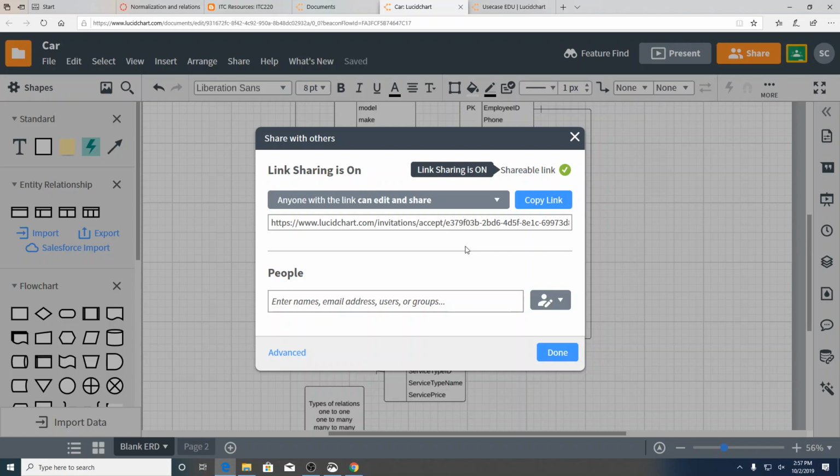And if you paste that link into the assignment, there's 3 ways to turn in an assignment. You could take a picture of this and upload it, or you can get this link, copy it, and paste it into Canvas, and it will work.